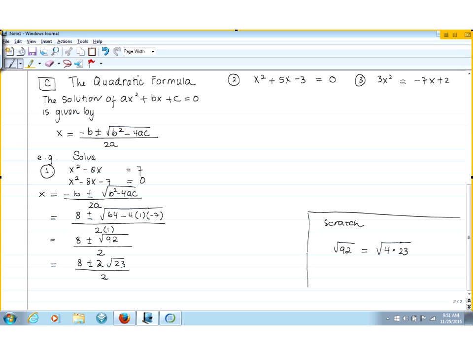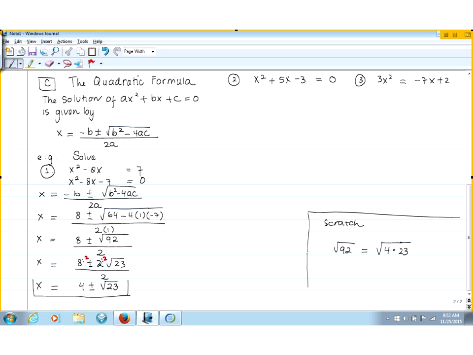Now we have to be careful with the denominator. Which one is divided by 2? Everything. We can simplify, but we have to divide everything by 2, right? So the 2 belongs to both 8 and 2 square root of 23. So 8 divided by 2 is 4, plus or minus 1 square root of 23, but we don't write the 1. So it is 4 plus or minus the square root of 23.